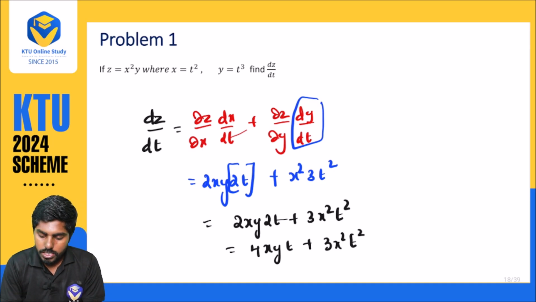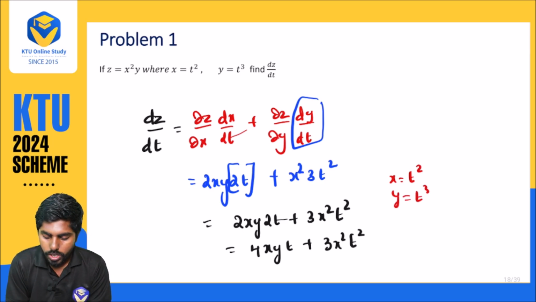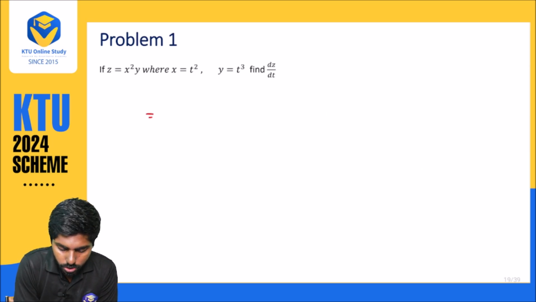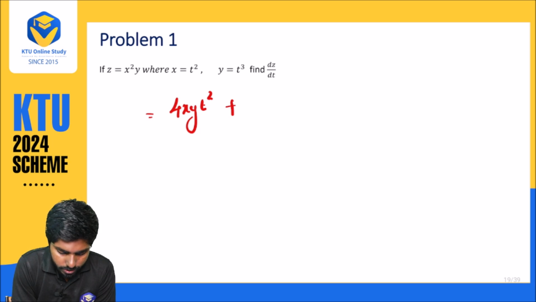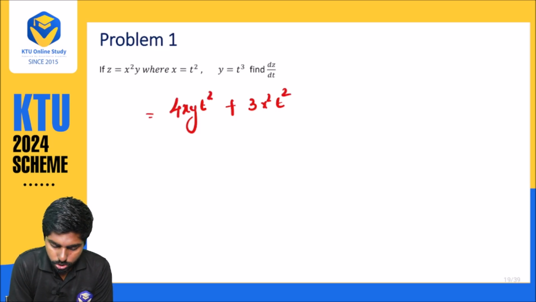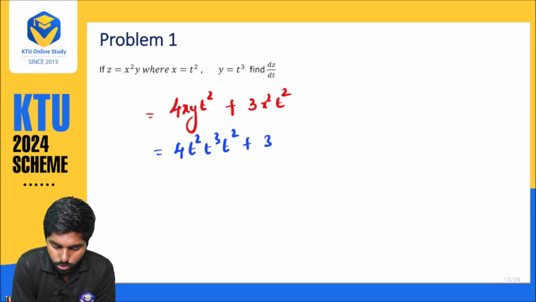So what is x? x is equal to t square and y is equal to t cube. If you want, you can apply those values. So when we are applying the x value, what will happen? 4 into t square, t cube, t, plus 3 into t square the whole square into t square.